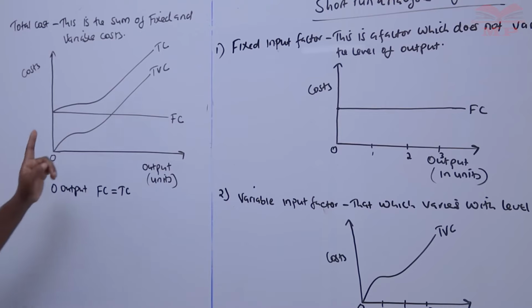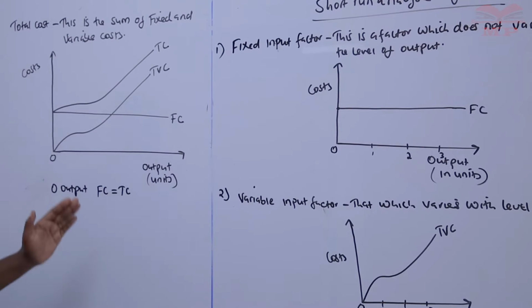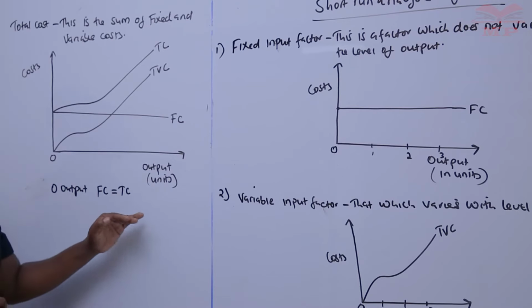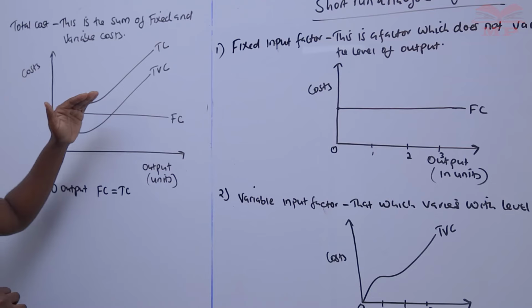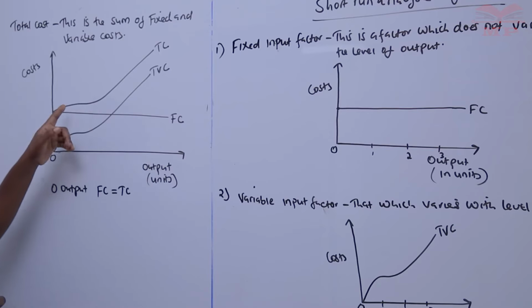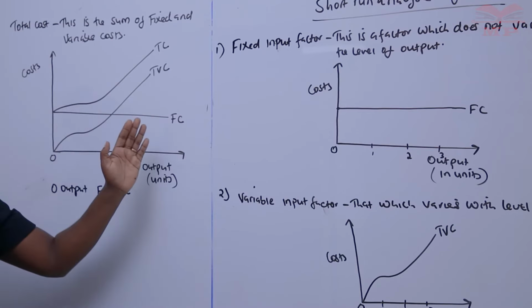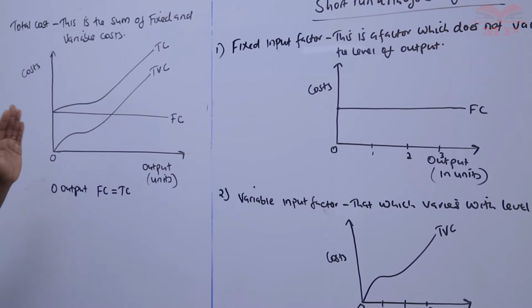But by the time variable costs begin to rise as the level of output changes, then total cost will begin to rise. So as variable costs continue to rise, the total cost will continue rising. And therefore, the total cost curve can be explained by diminishing or increasing returns to the variable factor.